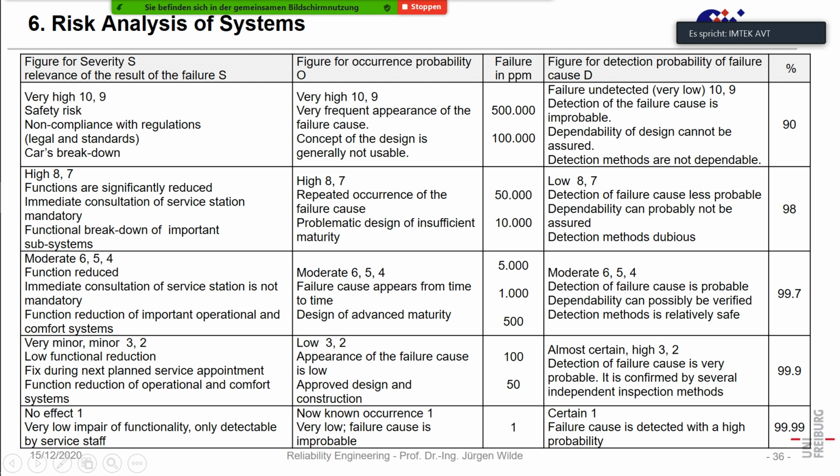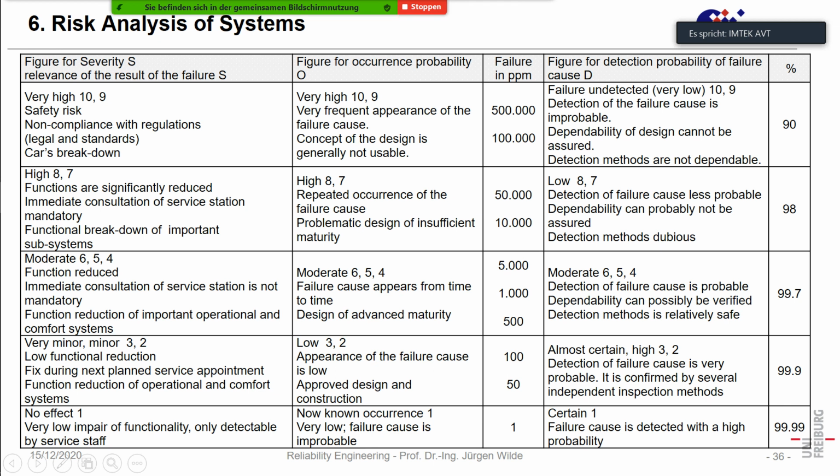If there is no effect on a car or very, very low impairment of functionality, which can only be detected by service staff, then it has an effect of 1. And so that goes up to an effect of 9 or 10 when a car has a safety risk. So you could lose a wheel or no more braking possible or such a thing.